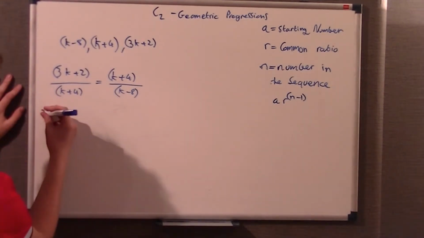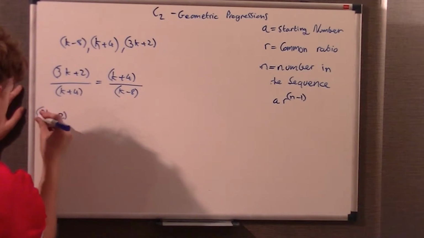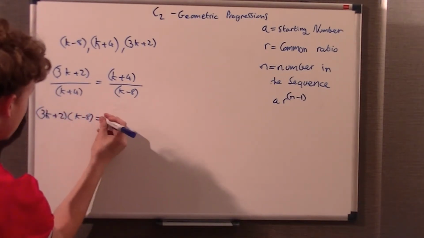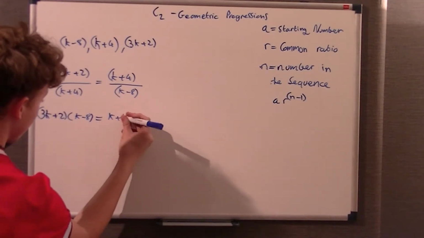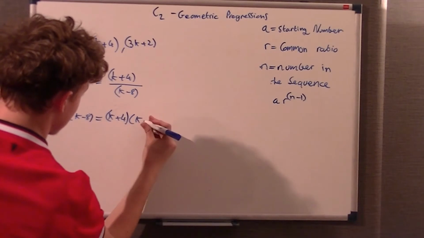So let's do that. 3k plus 2, I'll just leave it still in brackets so you know what I've transferred across, times k take 8 equals k plus 4. I could put squared under there because it's times it by itself. I'll just put it here, k plus 4.